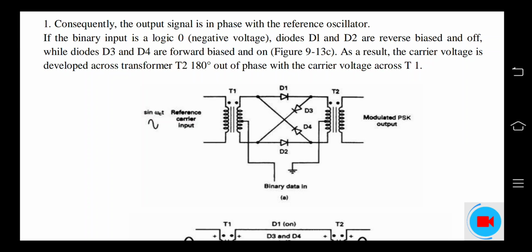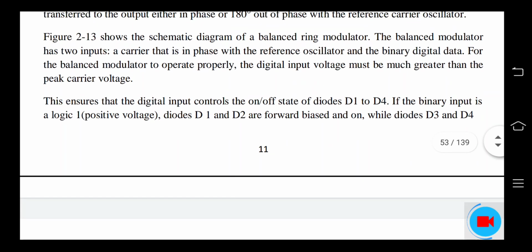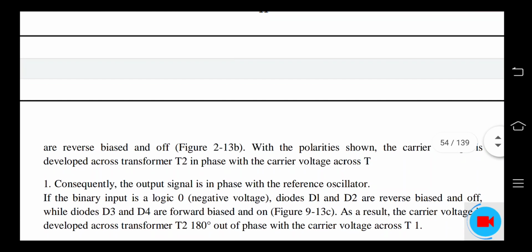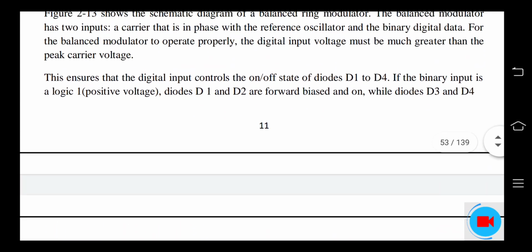Here, when the first input is positive, it activates only 2 diodes. You can observe that the digital input controls the on and off state of the diodes D1 to D4. So it turns on D1 and D4, and then again the reverse for the other information.